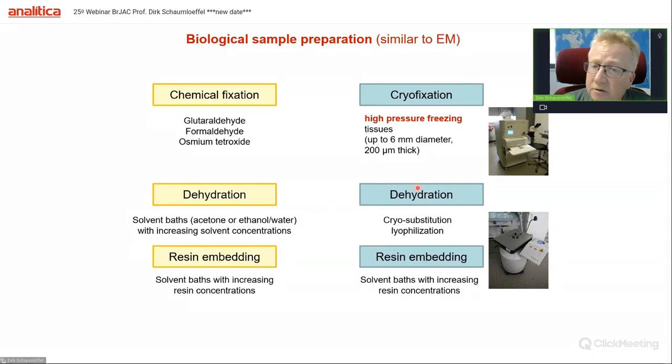But after that, we need a dehydration too. It can be done by cryosubstitution or lyophilization at low temperature, and then resin embedding with special resins, also at low temperature. So everything is done at low temperature. Really specific equipment is needed for doing these cryofixation procedures.